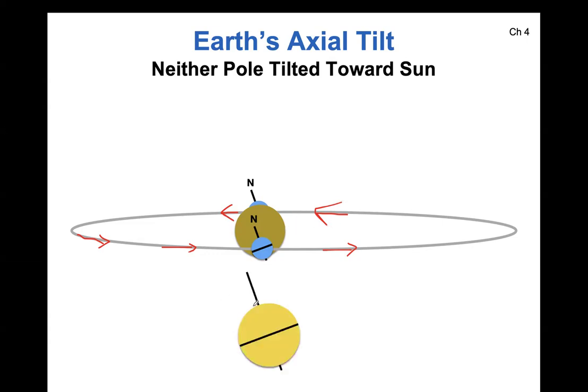And what that would look like, well, if we imagine, here is the Earth with its tilt, and imagine that this picture corresponds to this one where the Earth is behind the sun.